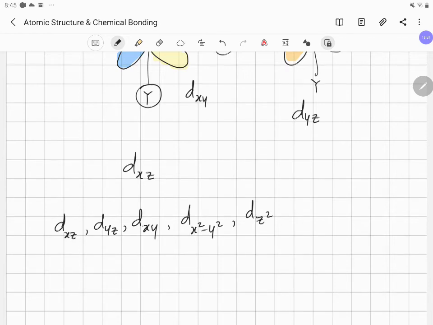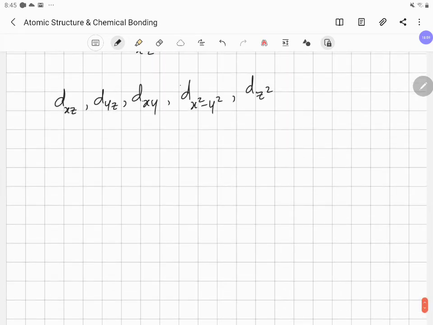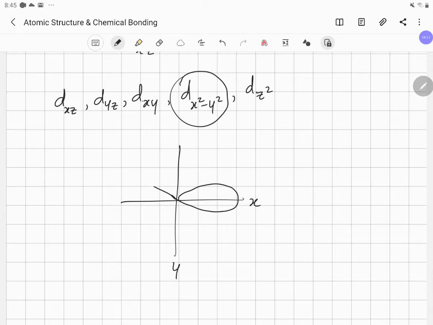square. And if I plot this dx square minus y square, it is a little easy. This is x and y. Assume that this is x and y. Then for dx square minus y square, the lobes are like this. You can see that in this case, the lobes are along the axis.